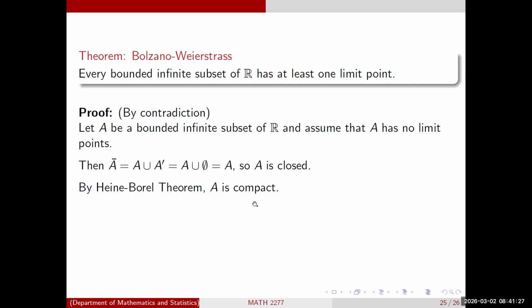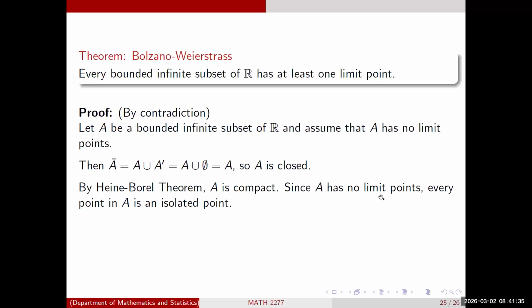Now I'm going to try to get a contradiction. I know A is compact. Since A has no limit points, every point of A is an isolated point. Remember the difference between a limit point and an isolated point? A limit point means that any neighborhood around it, no matter how big or small, has points of A inside it.